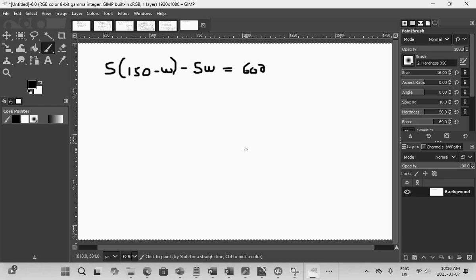So this will be 5 into 150, which is 750, minus 5W minus 5W equals 600.